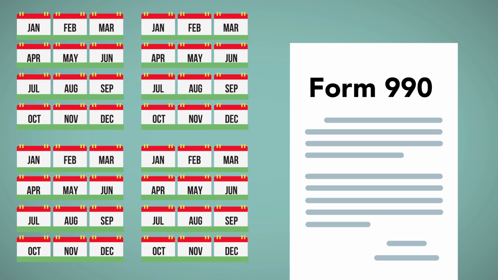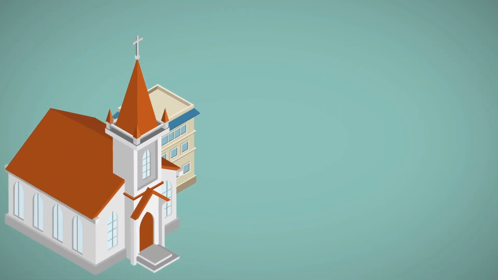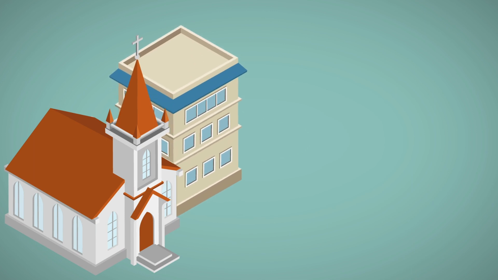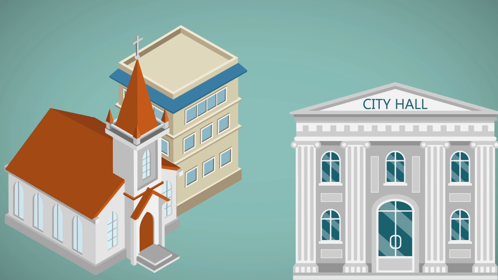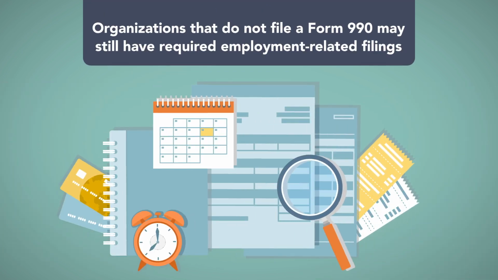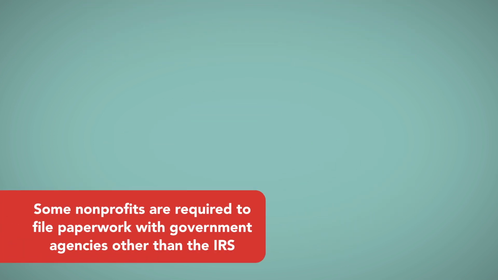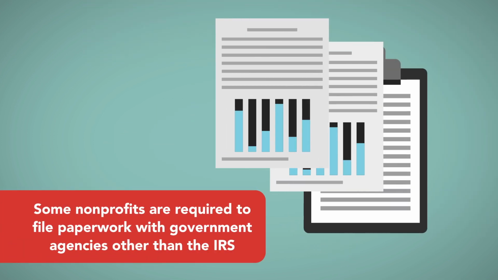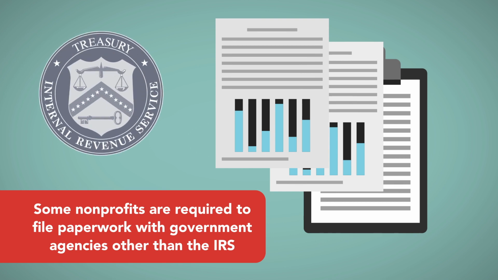There are exceptions, such as churches, some educational organizations affiliated with churches, and certain state and local political organizations. Organizations that do not file a Form 990 may still have required employment-related filings. Some nonprofits are required to file paperwork with government agencies other than the IRS.